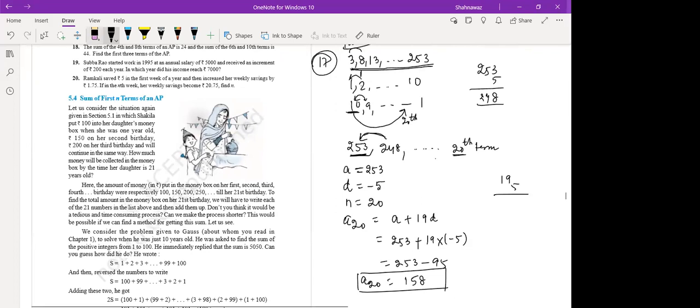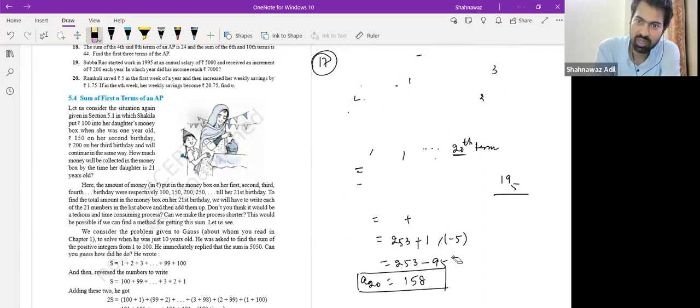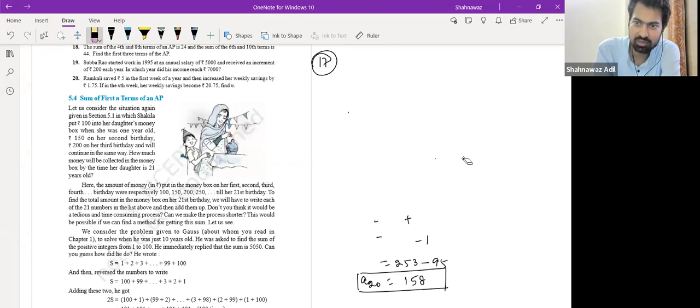Yes, sir. Okay, so let me just quickly do this problem, the 18th question, and then I can ask you guys to take 19 and 20 as well.